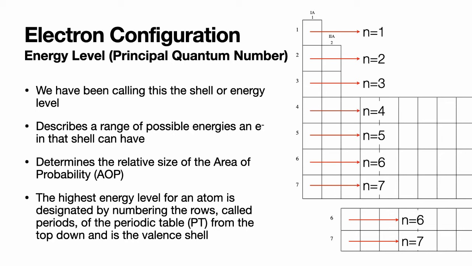It also determines the area of probability. So in the first energy level, the area of probability is really small.